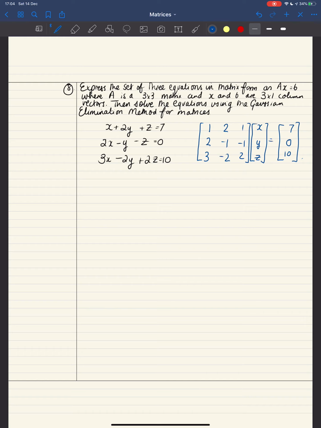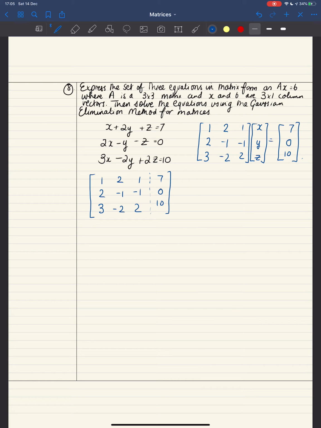So for Gaussian elimination, what we do is rewrite this. I was trying to save a bit of time, but I couldn't see how to do it. Okay, and then put 7, 0, 10 next to it.